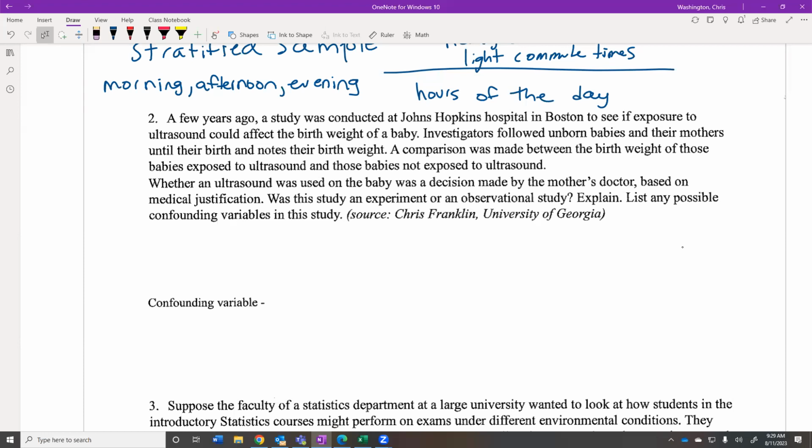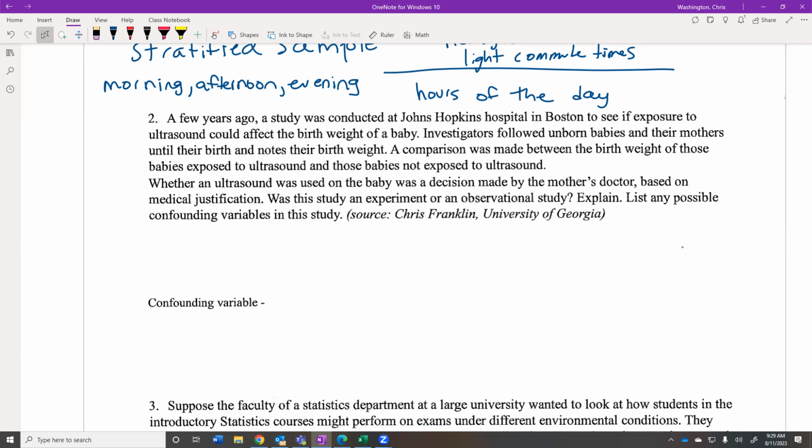Could a researcher go up to a pregnant lady and say, hey, you're getting an ultrasound, but you're not? Does that seem ethical? That doesn't seem very ethical for a researcher who has no medical background knowledge, probably, outside of not caring for that expectant mother. That's not very likely. So in this case, an observational study would probably be best.